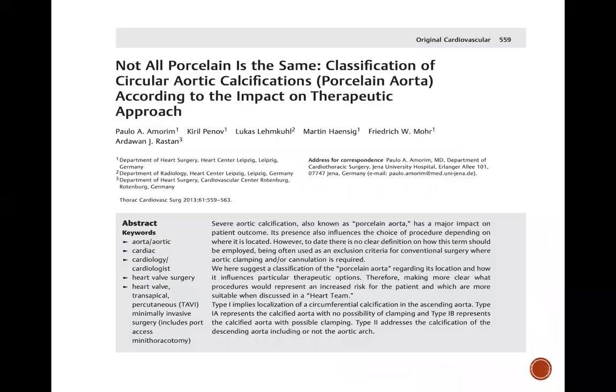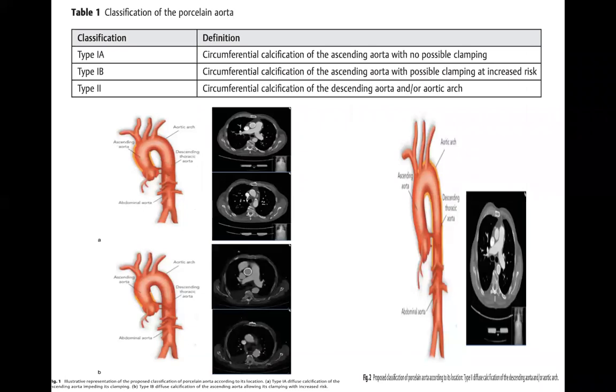Another classification, and this is a recent paper, mentioned that not all porcelain aortas are the same. It depends on how much. In this paper, they propose a calcification of type 1A, 1B, and type 2.